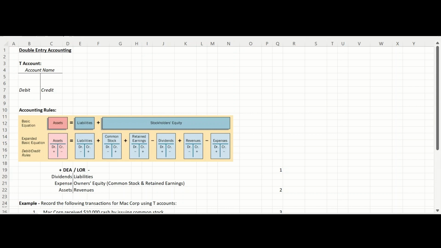We can get into how that looks here in a second, but those are the basic rules. Now, if the sum of the debits is greater than the sum of the credits, then the account has a debit balance. Vice versa, if the credits are larger than the debits, then there is a credit balance. And if the sum of the debits and the sum of the credits are the same, then the account has a zero balance.